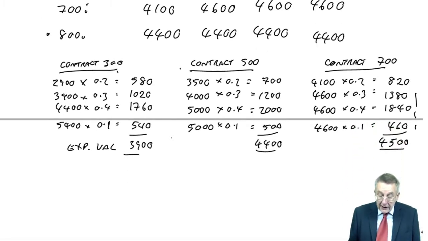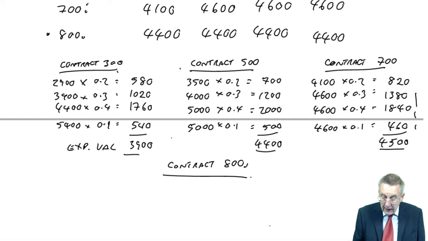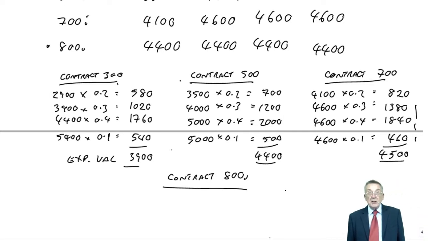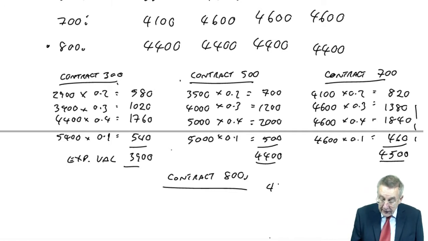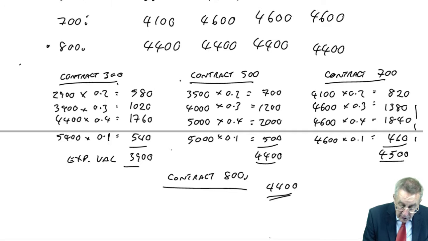Finally though, what if we contract for 800? Well, I hope you realise there, we don't need to keep multiplying and adding. Check me if you don't believe me, but since they all give 4,400, we'll get 4,400 whatever. So I should have headed this up: I'm doing the expected value approach.